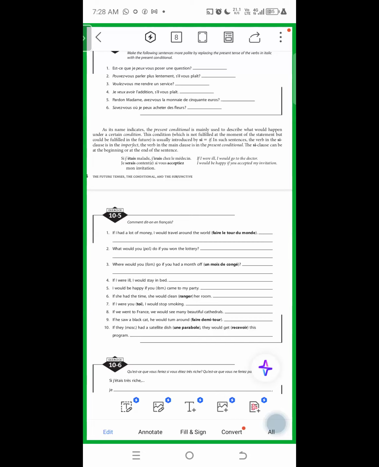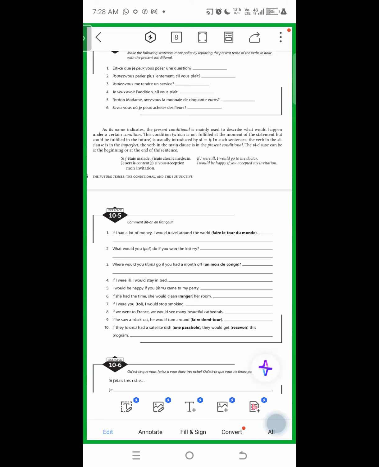Yes. Si j'avais de l'argent, if I was having money, I would travel. Je voyagerais. If I was having money, I would travel. Do you get it now?